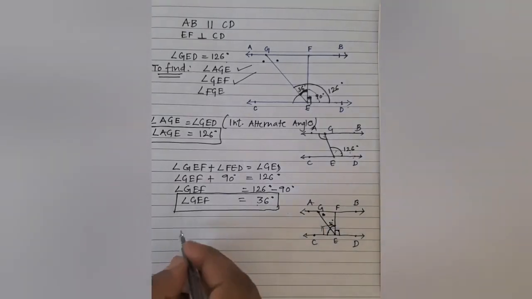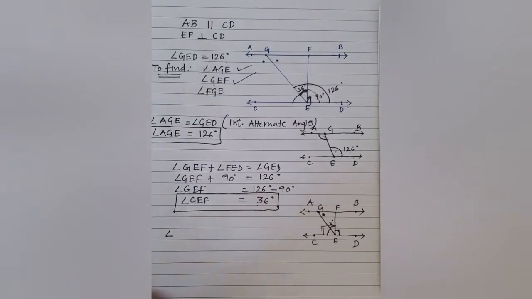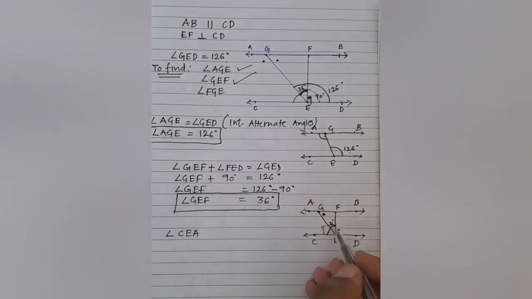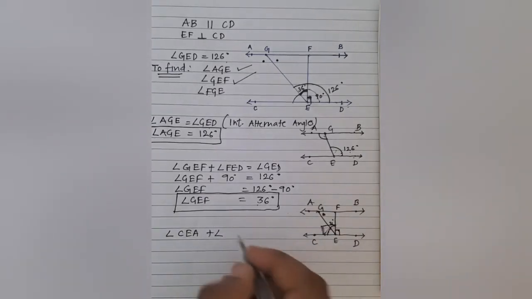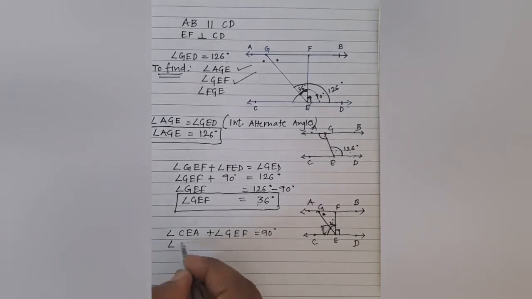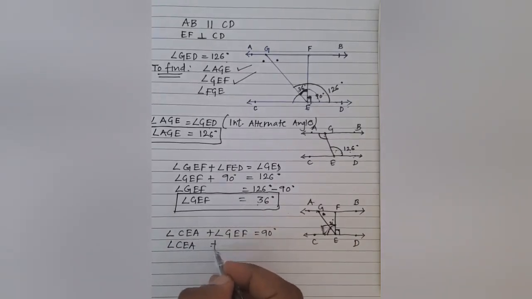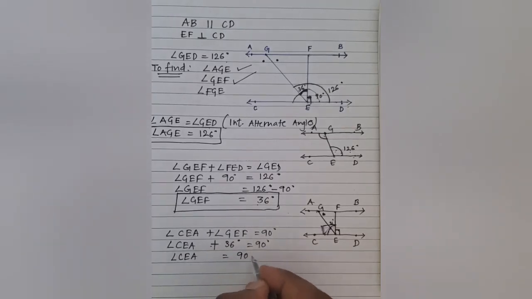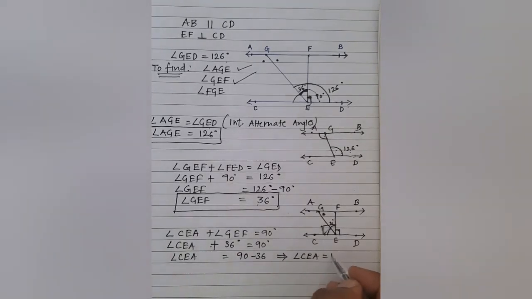So I would write angle CEA plus angle GEF. The total has to be 90 degrees. CEA is something that I don't know, plus GEF is something that I've already found. So I can write CEA is equal to 90 minus 36. That will give me angle CEA is equal to 54 degrees.